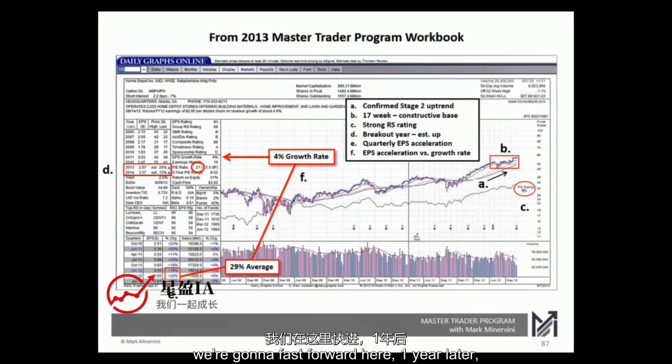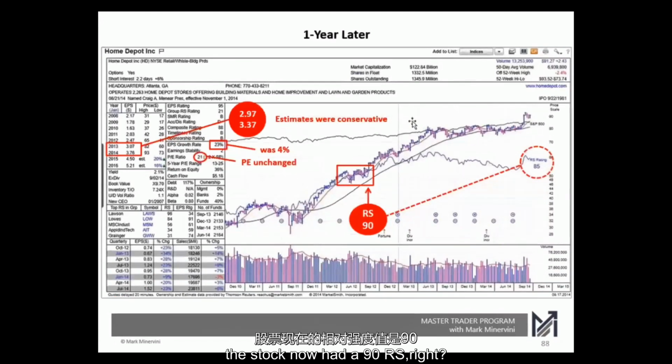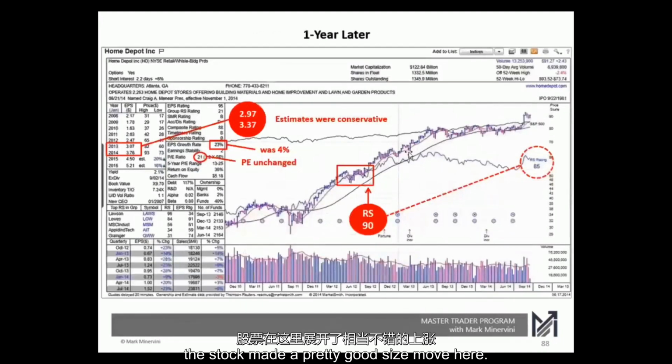Okay, we're going to fast forward here 1 year later. All right, this is looking at the year later. The stock now had a 90 RS, right? That's what it was when I showed you the other chart. Just going back here, 90 RS, right? Look, the stock made a pretty good size move here. It went from, I don't know, what was it, maybe $55 up to 90 or so, almost a double.